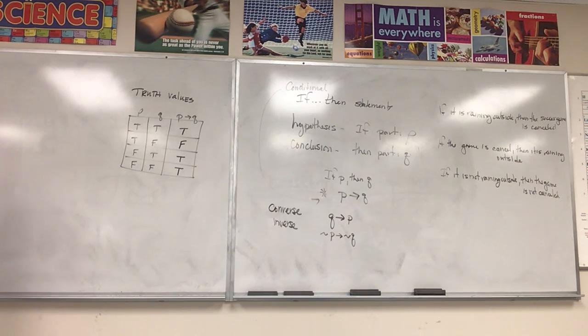Or if it was not to begin with, then we make it positive. Take for instance, if the hypothesis, if it was not raining outside, the negation would be if it is raining outside.